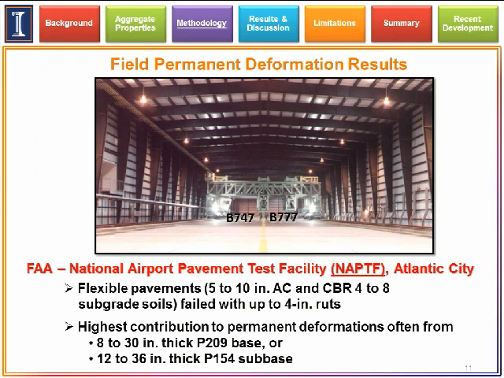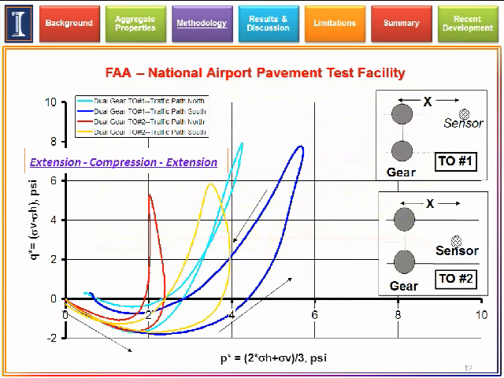Similar results were also found from field performance deformation results at the National Airport Pavement Test Facility, where they have failed flexible pavements with up to 4-inch ruts. And from those test sections, they have come up with this type of loading sequence: extension, compression, and extension.